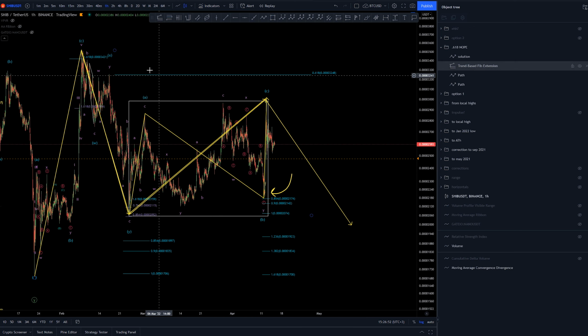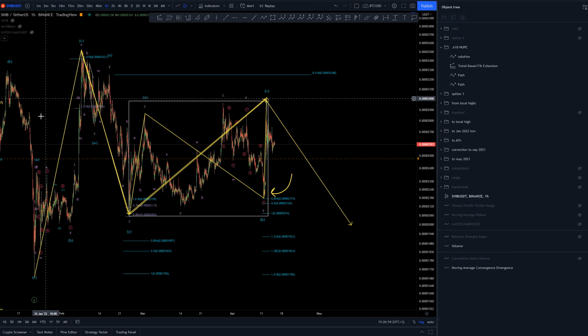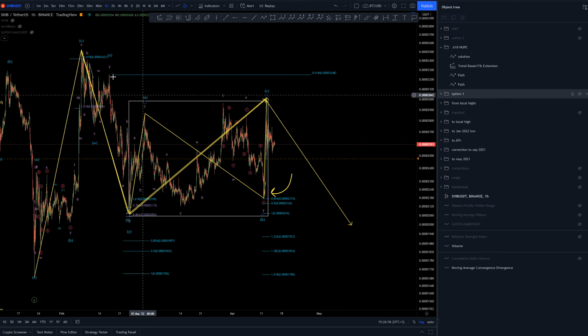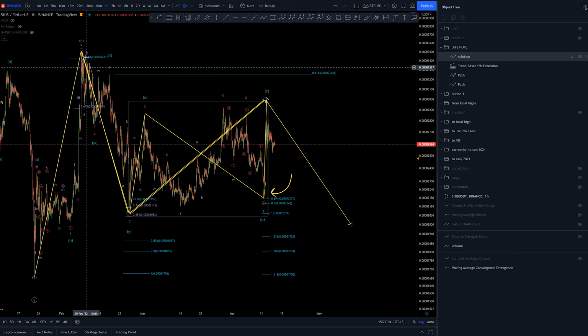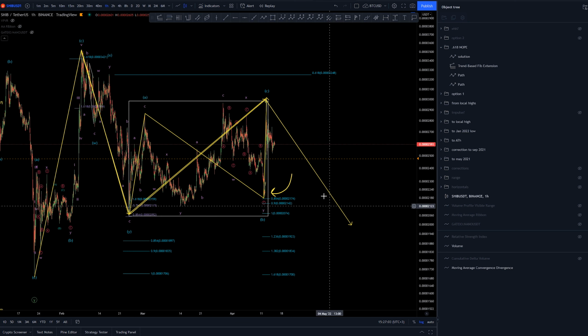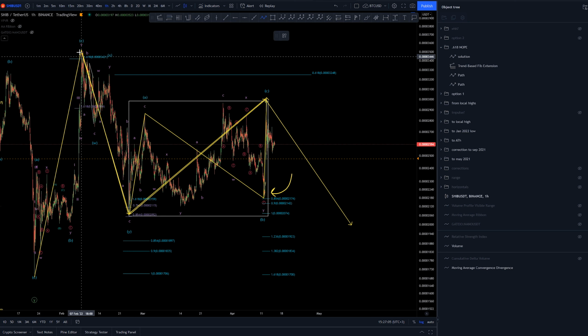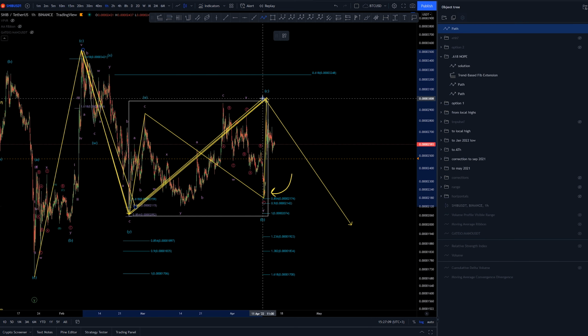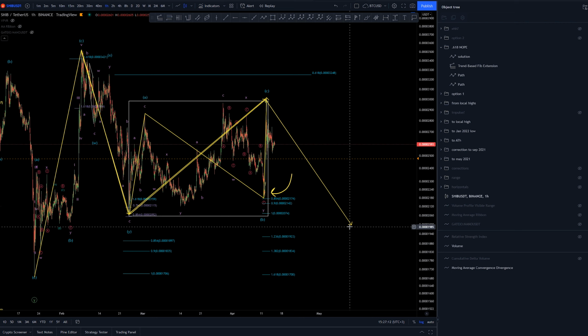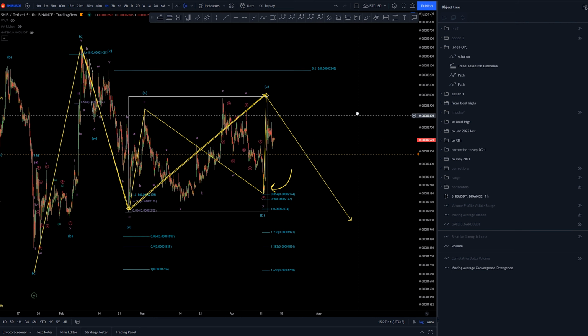Instead of having this structure connected to this one, we just use this as a separate structure completely, and now we would be looking for a wave structure down, where we would be connecting this first leg with this box to another wave down. And that is pretty simple to me.